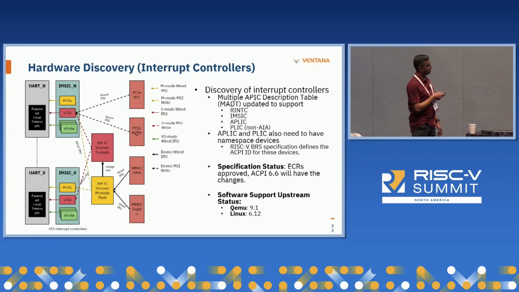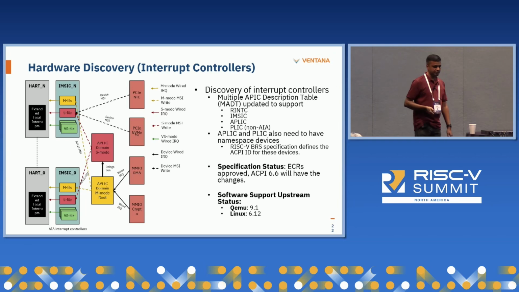This is a typical AIA interrupt controller architecture we have in RISC-V, which has IMSIC, an MSI controller, and the devices which are MSI capable can directly interrupt using IMSIC. Whereas APLIC you can use as a wired to MSI bridge. So devices which are not capable of MSI, which are capable of only wired interrupts, they can use the APLIC.